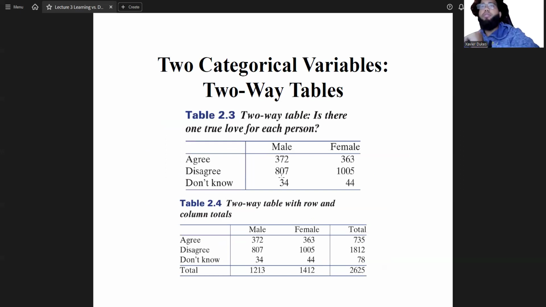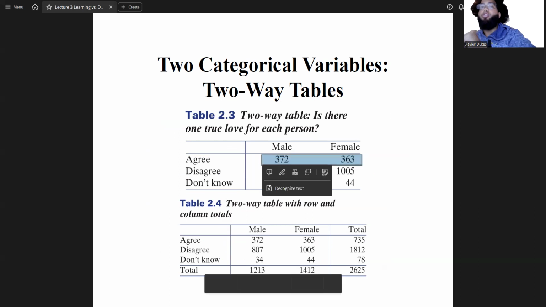So here we have two categorical variables, your response of agree or disagree, and then the gender associated with it. Here we can see 372 males agree and 363 females agree. And out of the total, we can find a total for this row. How many humans, both male and female, agree with this sentiment?